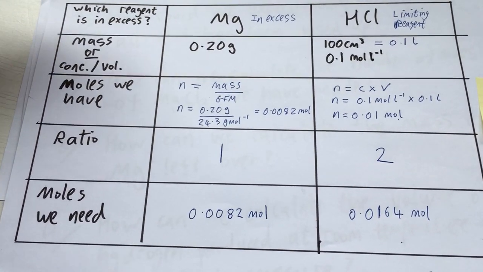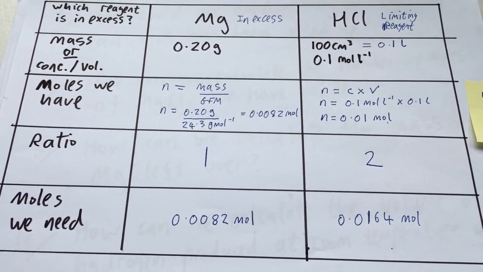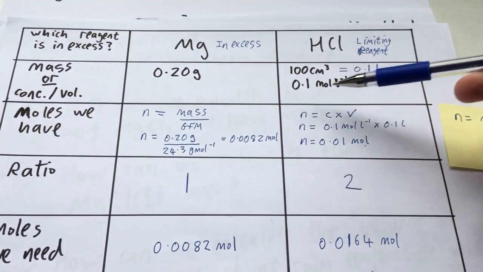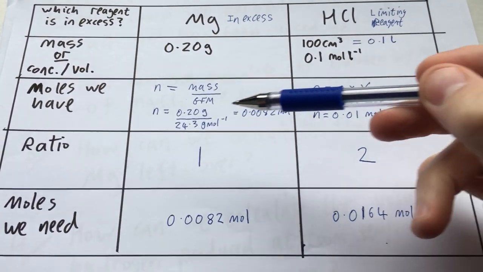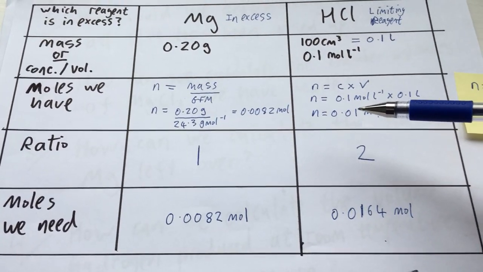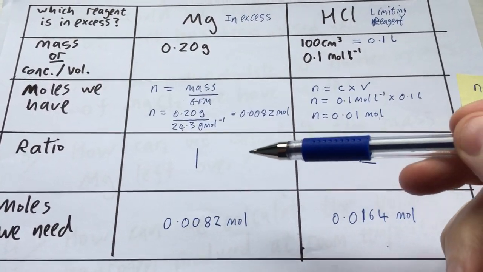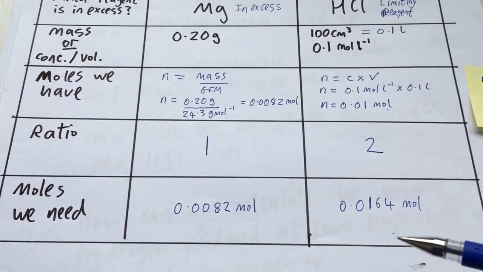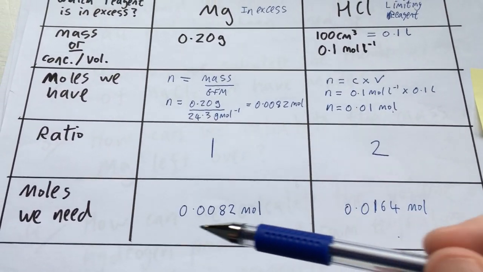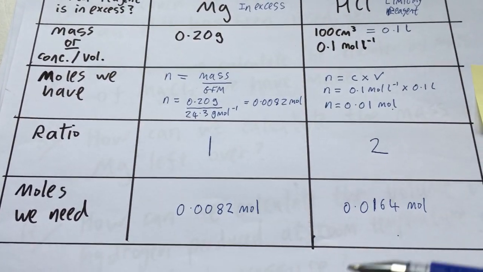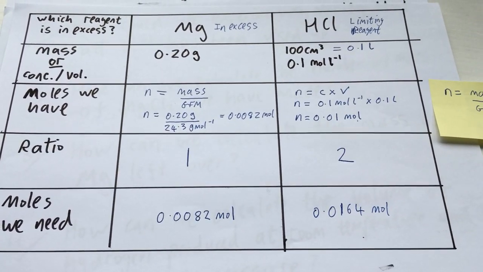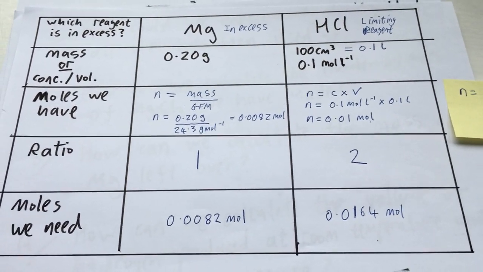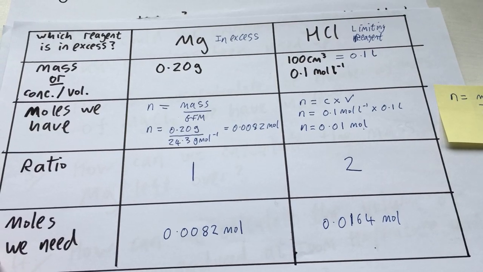If you think about it in those steps, where we've got the masses, concentrations and volumes, we calculate how many moles of each that we have, and then we use the ratio from the chemical equation to work out how many moles of this we need to react with this, and then compare the two to decide which one's the limiting reagent and which one's in excess, then really you can't go wrong.